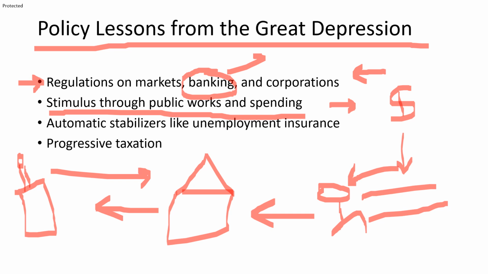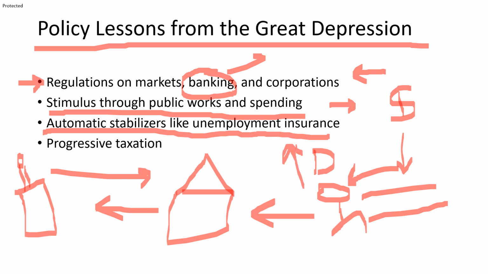The third point is automatic stabilizers like unemployment insurance. Automatic stabilizers such as unemployment insurance play a critical role in moderating economic fluctuations. They provide immediate financial support to those who are out of work, maintaining consumer spending and providing a safety net. Again, once a person is unemployed, he gets some money from the insurance, and that money is used to increase the effective demand, and the cycle goes on.